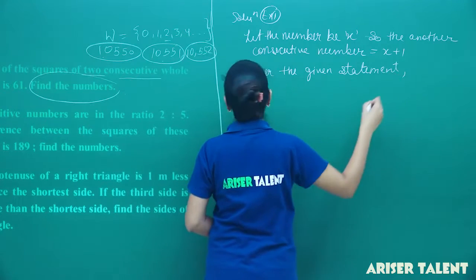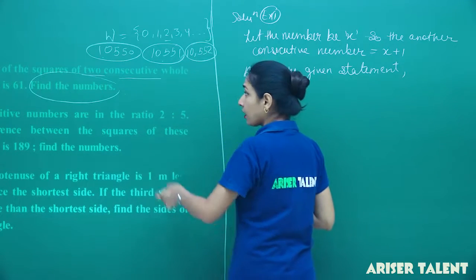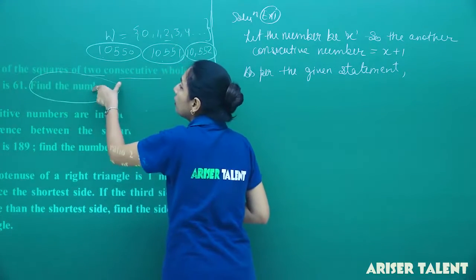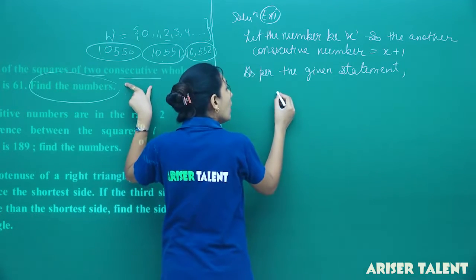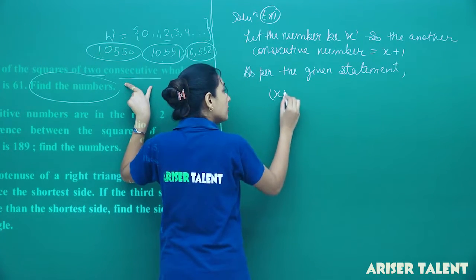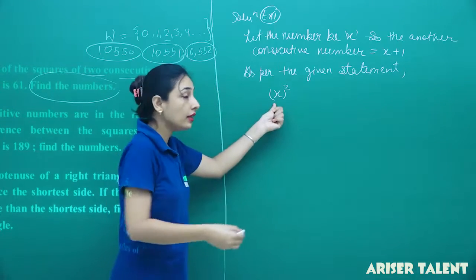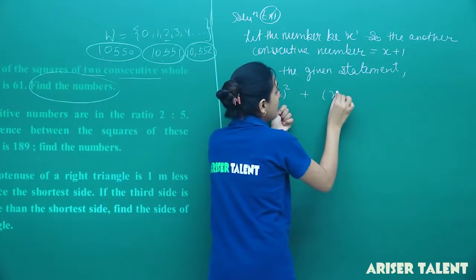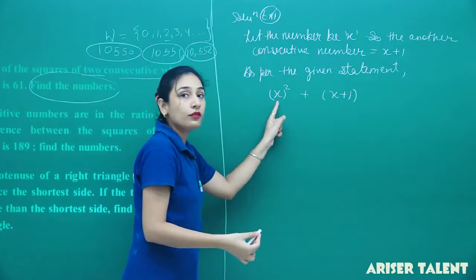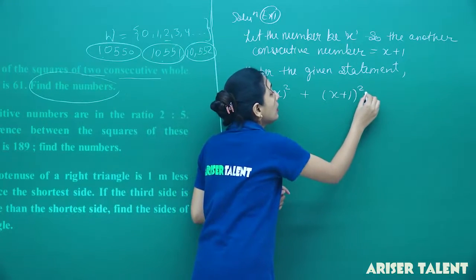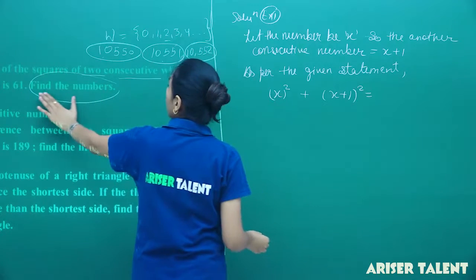The given statement here is the sum of squares of two consecutive whole numbers. Sum of squares. Now, x is one number and x plus 1 is the second consecutive number. So, the square of this plus the square of this equals 61.